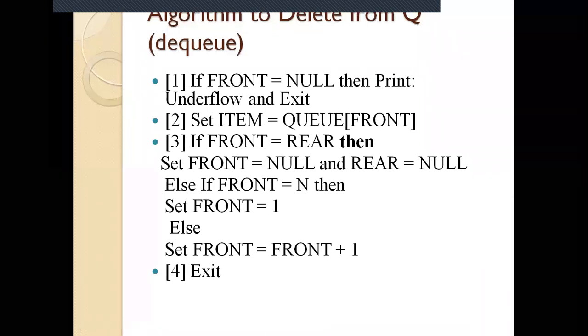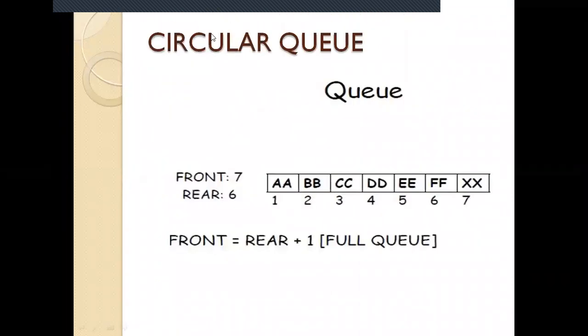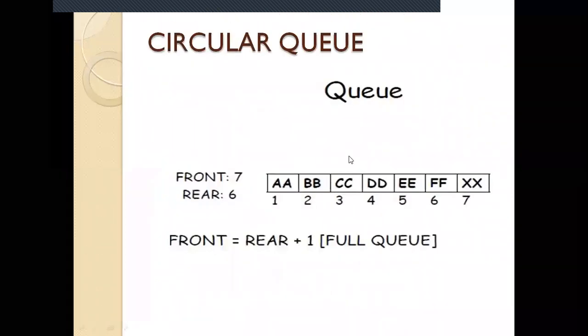Okay, so the next thing is DQ. Here D means double, E stands for ended, Q: double ended Q. Now in all previous queues, including the circular queue, you can add at one end, called the rear end, and you can delete only from one end, called the front end.